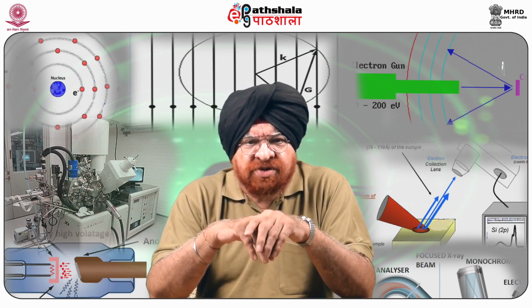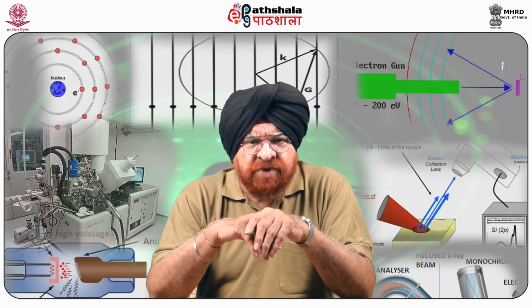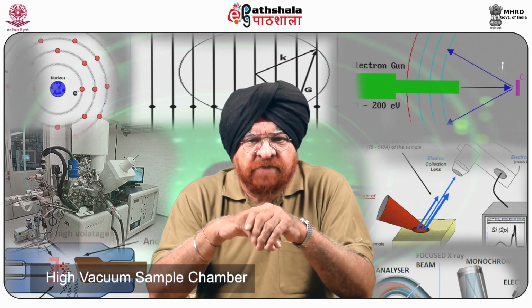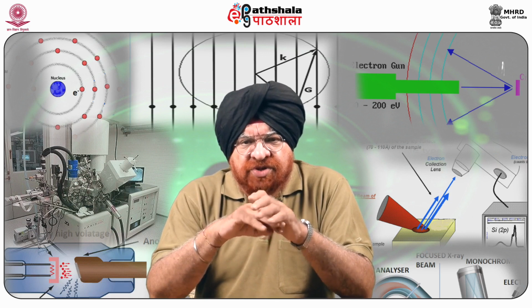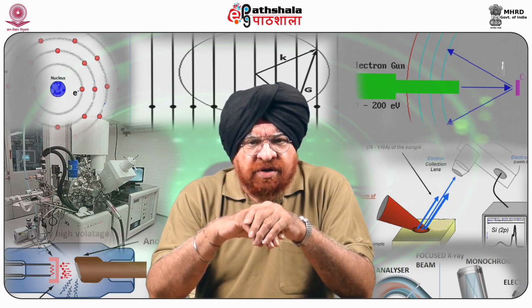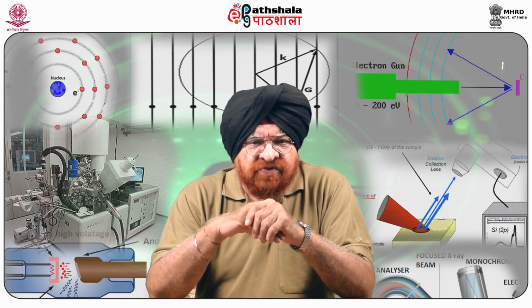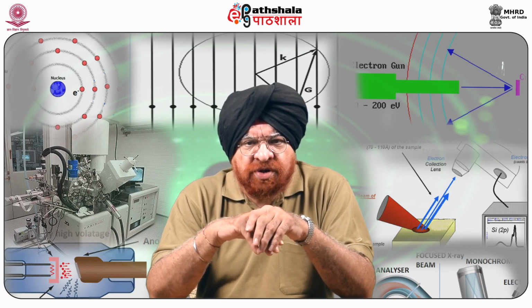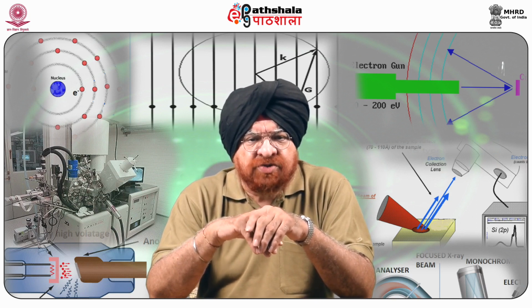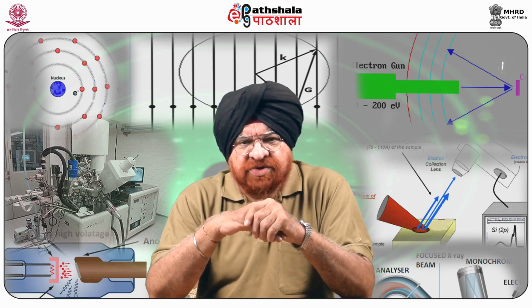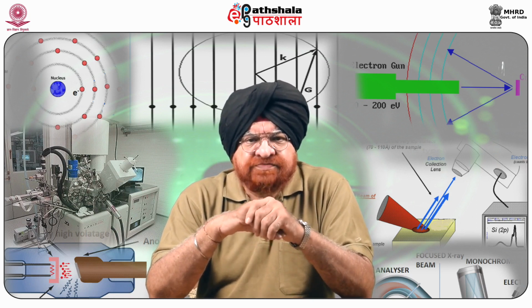Basically, it helps in accelerating and focusing the beam. Thirdly, we come to the high vacuum sample chamber. This chamber holds the sample and secondary ion extraction lenses. Fourth would be the mass analyzer. It separates the ions according to their mass to charge ratio. And finally, we have the detector, which detects every particle.